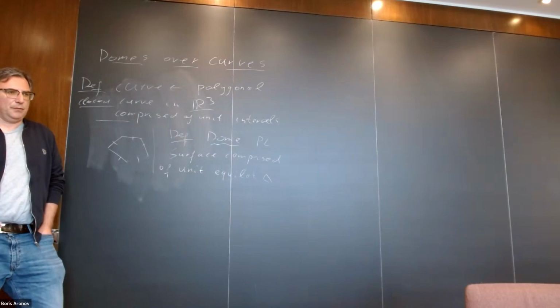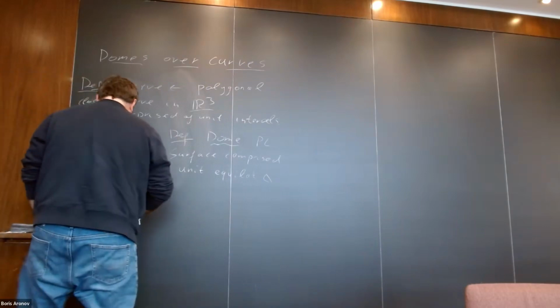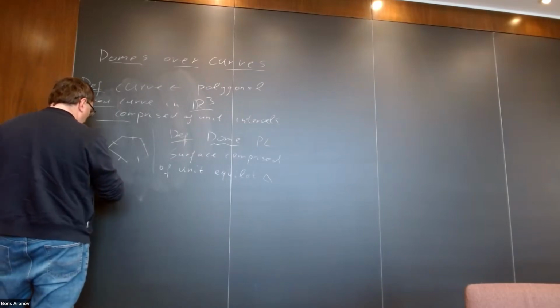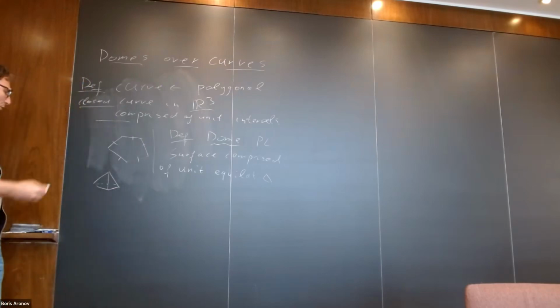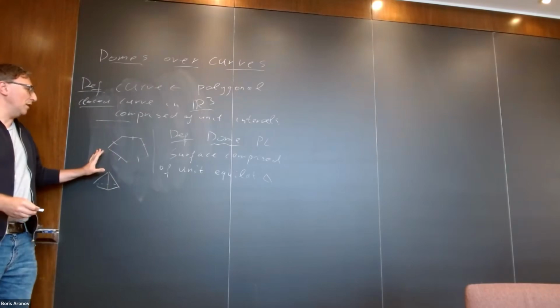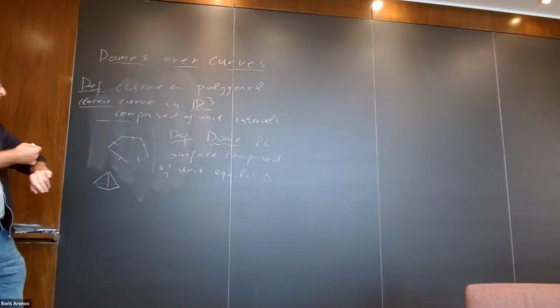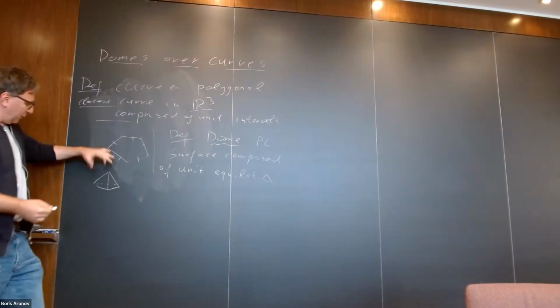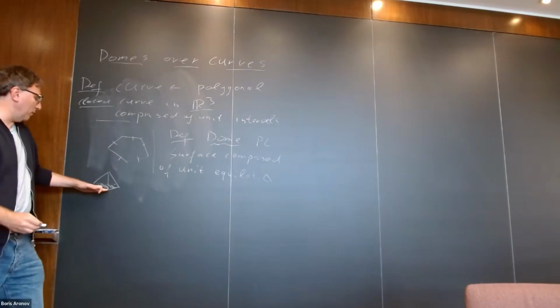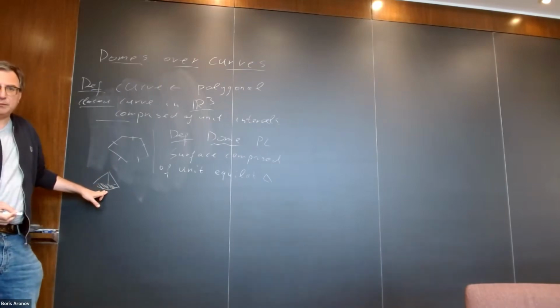Is this clear? An example would be the surface of a unit tetrahedron. That's a dome. The dome can have a boundary. For example, this tetrahedron without the triangle at the bottom is still a dome.